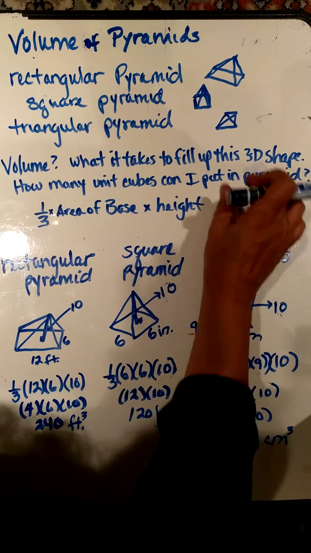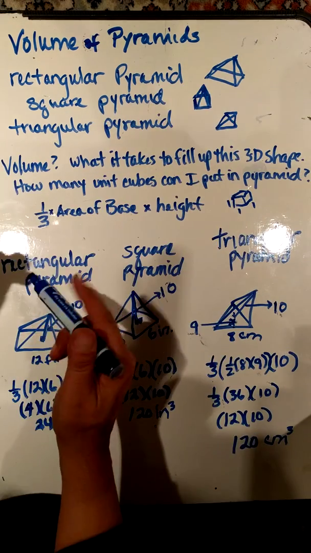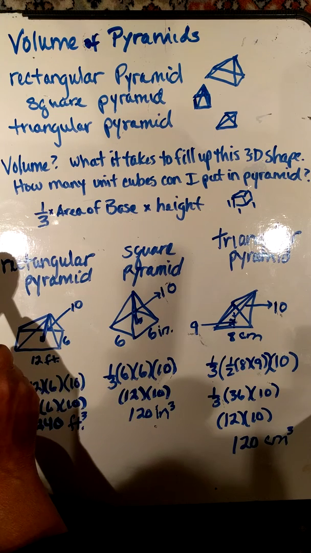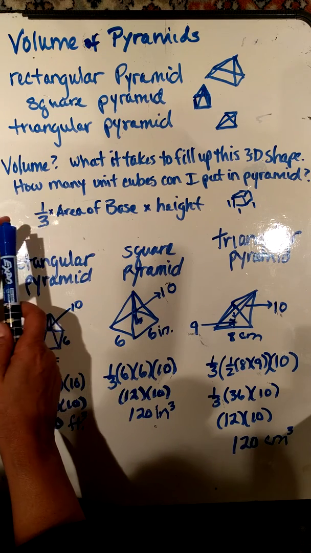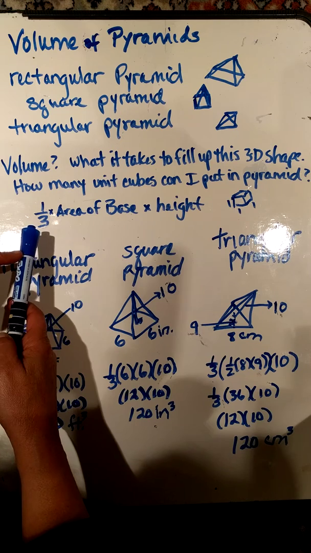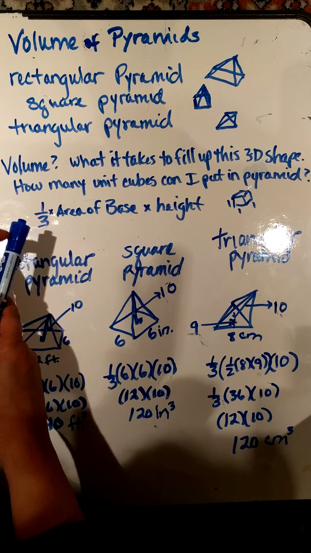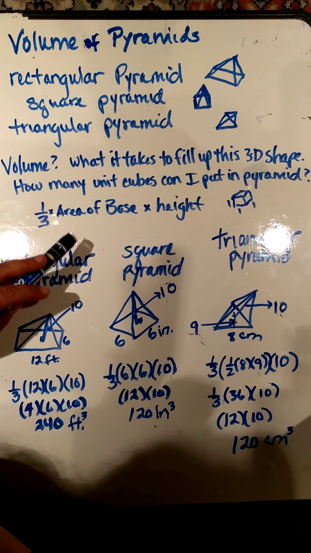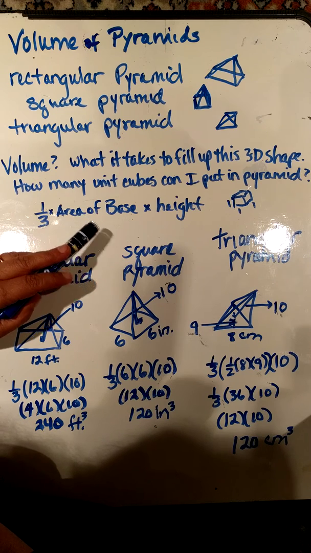So how many of these unit cubes can I fit in these pyramids? That's what volume is. So the general formula for volume of pyramids is 1/3 times the area of the base times the height.